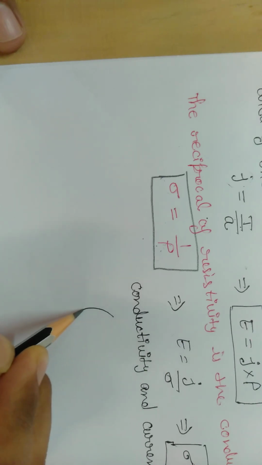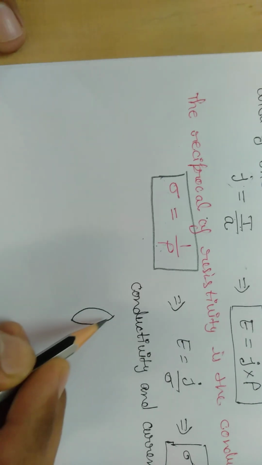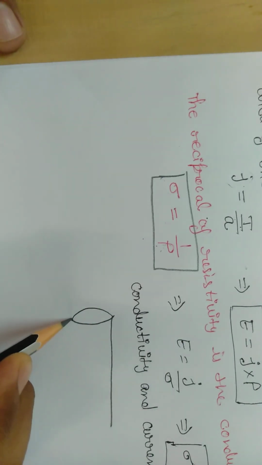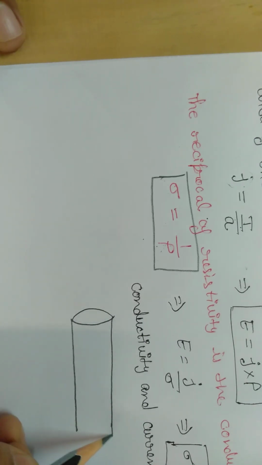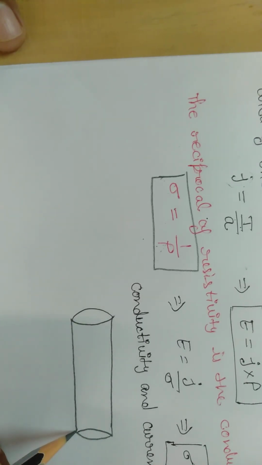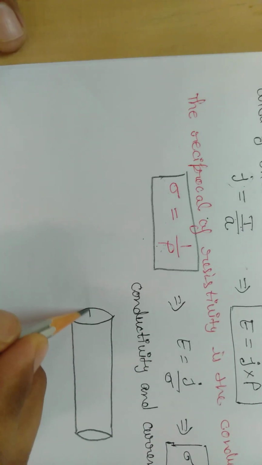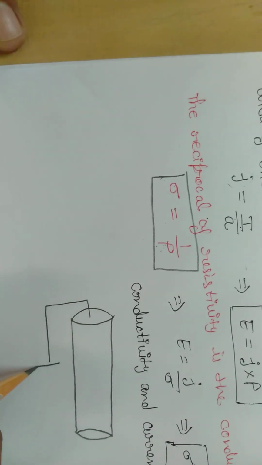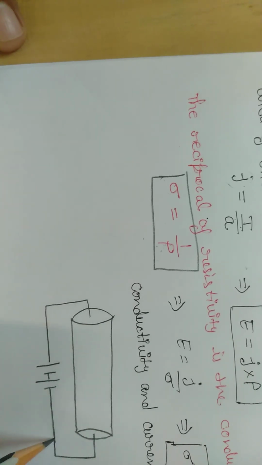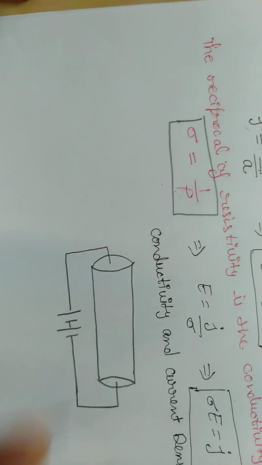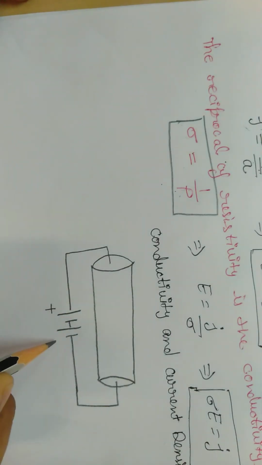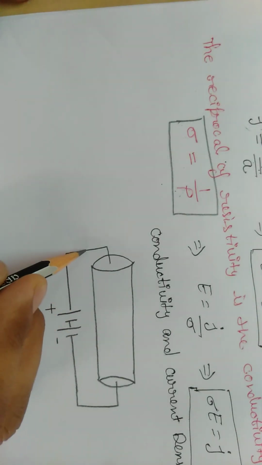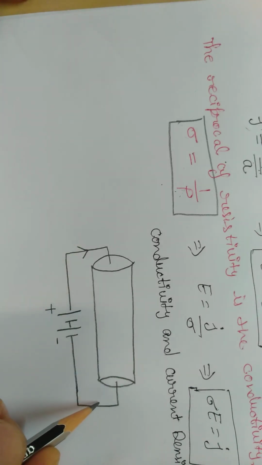So if we talk about the idea behind the drift velocity, first we have to understand how actually the current is flowing through the conductor. We all know that the current flows from positive to negative. That is the direction of your current, positive to negative.